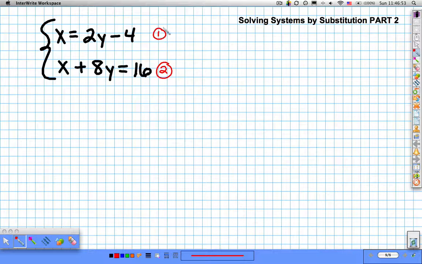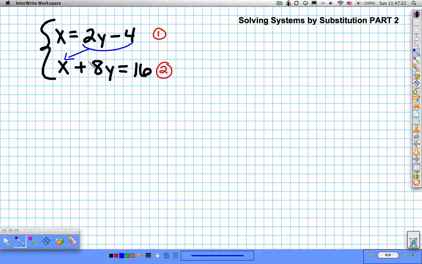Well, since equation 1 is already solved for x, that means I'm going to substitute equation 1 into equation 2. Well, how do I do that? Well, look at what equation 1 is solved for. It's solved for x. So that means I'm going to substitute this expression in for x. Well, where's x? It's right here in equation 2. So I'm basically going to take this whole expression, since we said this equals x, and substitute it in right there.